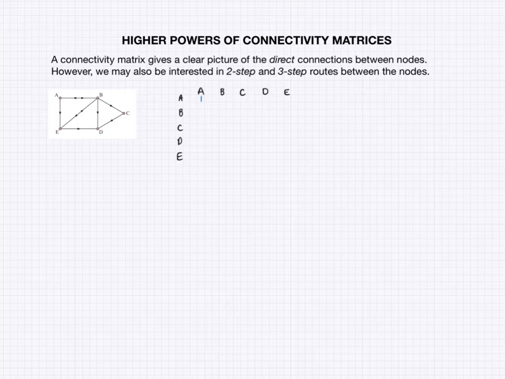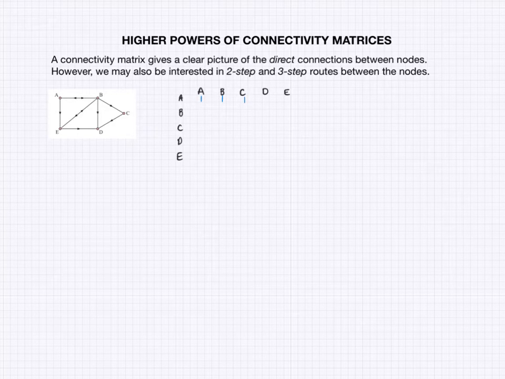If I look from A to B, we know we had that edge AB here. We can't use that one because we can't get back to B from here, but we can go from A to E and then up to B, which would give me 1. We're now looking from A to C, so I can go across to B and to C, and there's no other direction that would give me just that two-step.